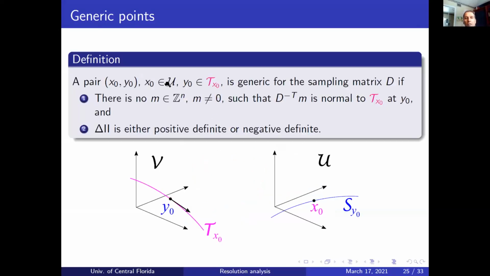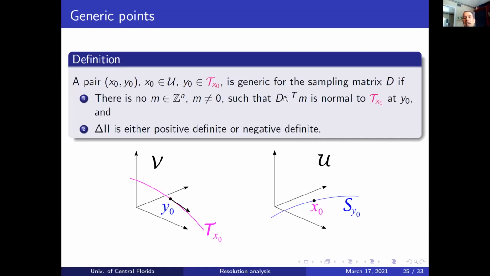And then this is a key definition. A pair X naught and Y naught is generic for the sampling matrix D if the following holds. There is no non-zero integer vector M such that D inverse transpose M is normal to Tx naught at Y naught. Right?